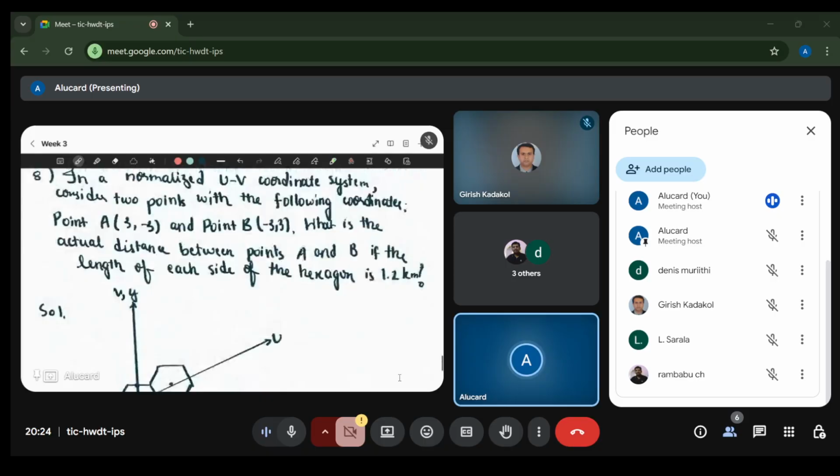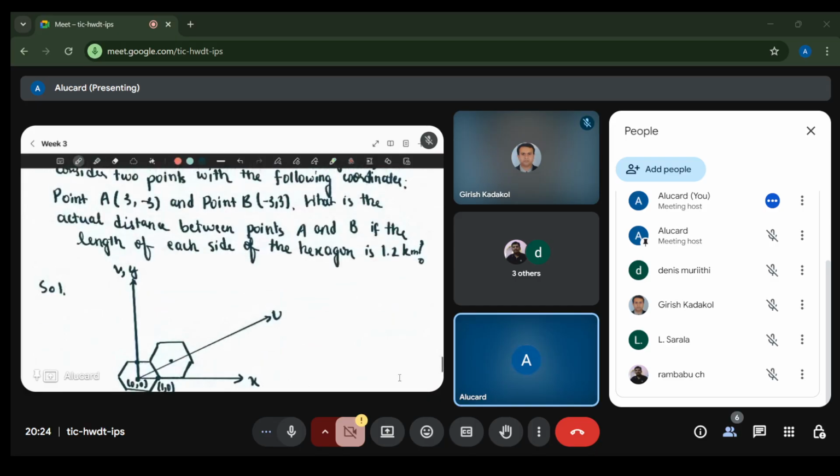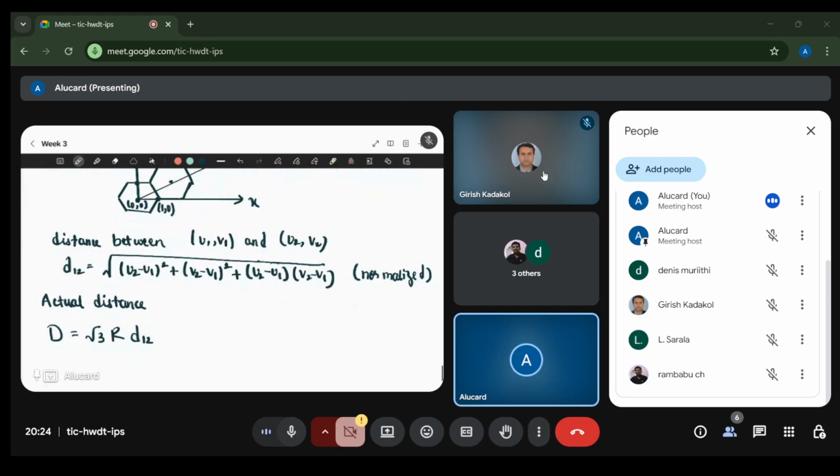Now you have been given u1 comma v1, which is 3 comma minus 3, and u2 comma v2, which is minus 3 comma 3. You just need to substitute the values and do the calculation. Calculation part, I think you can do. There's no need for me to do that.